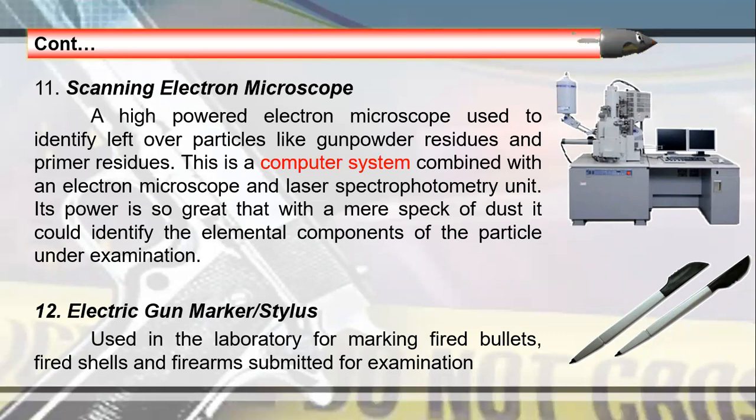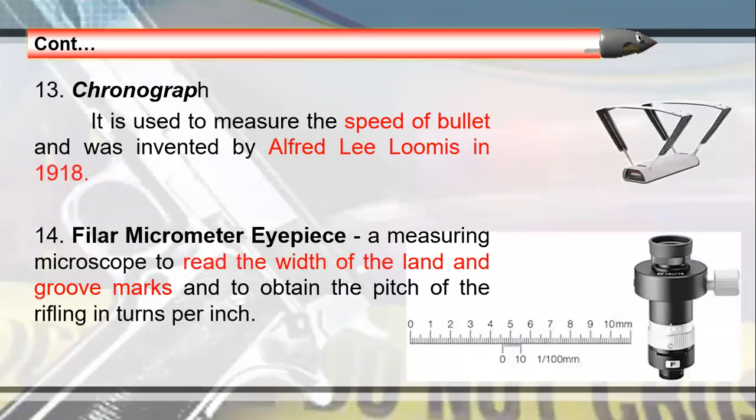Even the barrel, even the basyo, the bala, lahat yan lalagyan ng markings. Next, chronograph. Ang chronograph ay ginagamit para masukat ang bilis ng bala. Invented by Alfred Lee Loomis. Pillar micrometer eyepiece. Ito naman ay ginagamit para makuha ang width of the lands and grooves mark. Ibig sabihin, pwedeng makuha ang lapad ng lands and grooves inside the gun barrel.